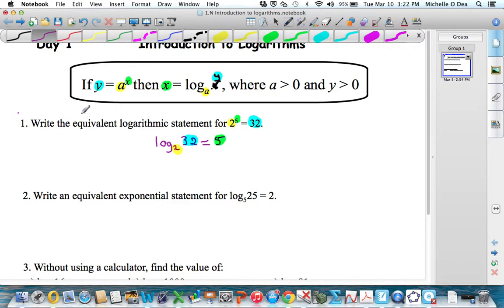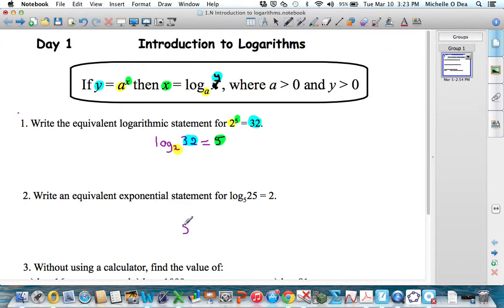So let's practice going the other way. Now we have a log: log of 25, base 5, is equal to 2. The base of the log and the base of the exponential are always the same. So we know that our exponential has to be base 5. And then remember, the answers swap.